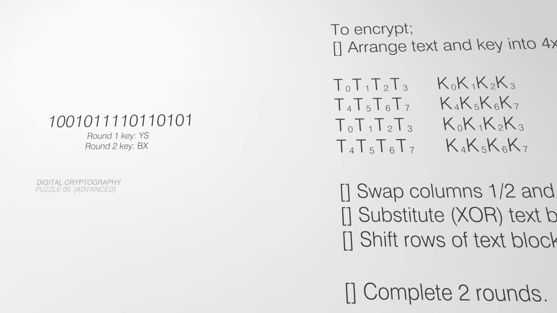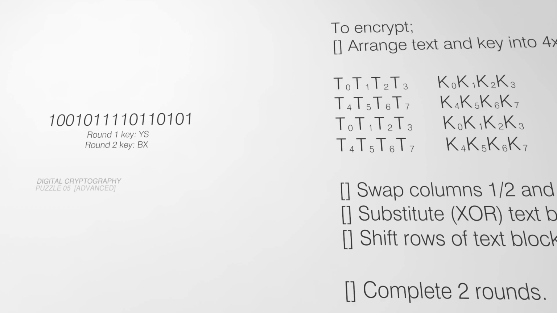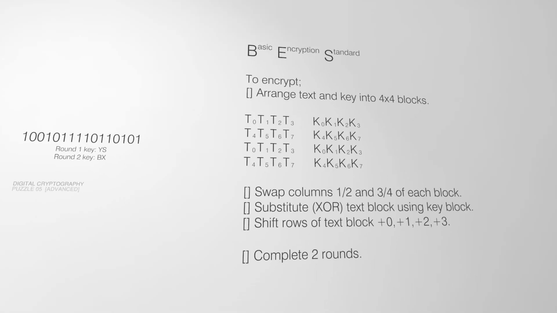But it's like 8 bits each, right? So we go 1, 0, 0, 1, 0, 1, 1, 1, and then 1, 0, 1, 1, 0, 1, 0, 1, and then the key YS. We just have to look up the binary for that. I put it in the K sequence.